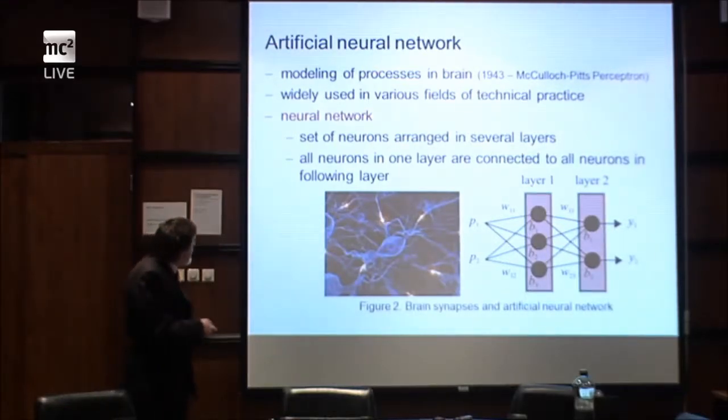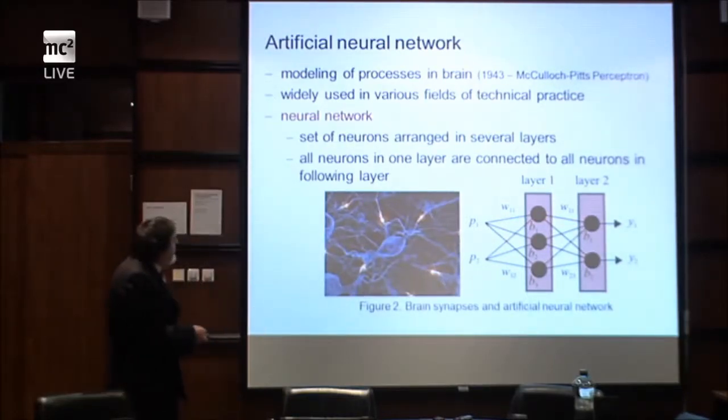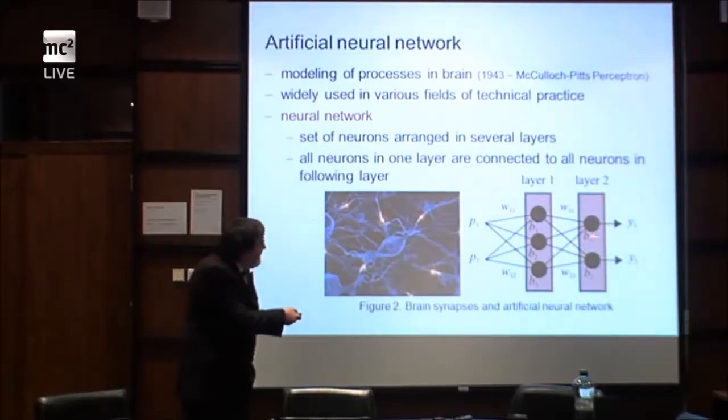In the neural network, you can see this is something what we have in our brain. There is an input layer, there is an output layer, and a set of neurons arranged in several layers. These neurons are connected with each other to all neurons in following layers by weights and biases.